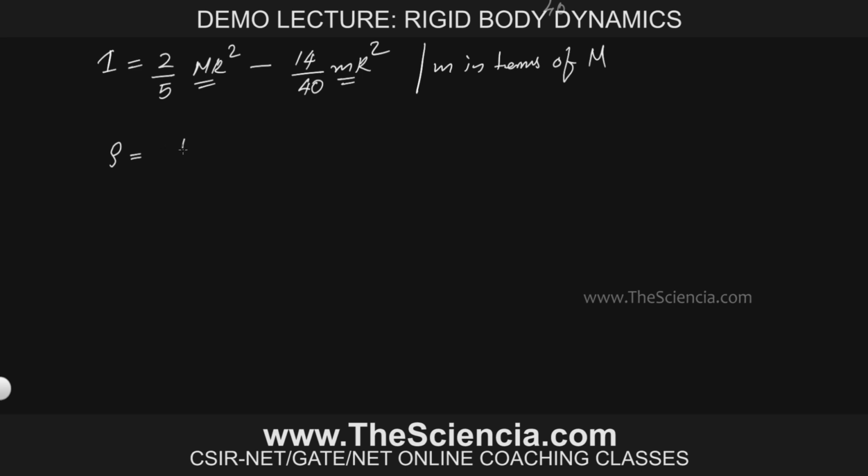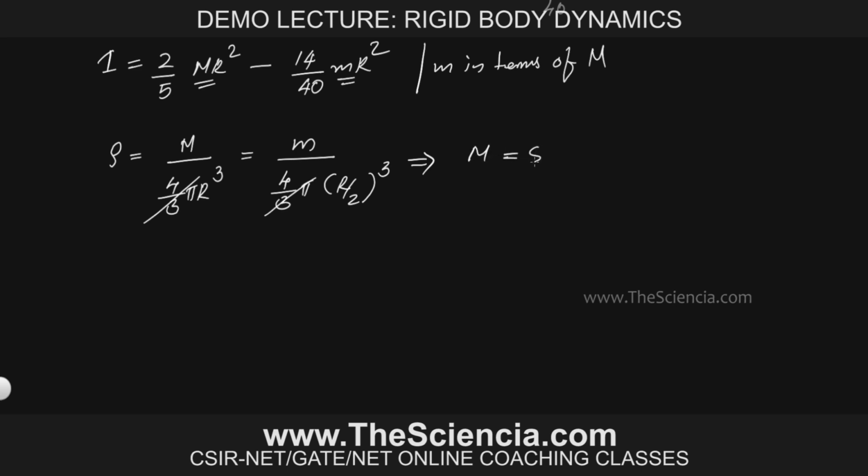So this is equal to M by 4 by 3 pi R cube for the bigger sphere, and it will be equal to rho of the small sphere, that is small m by 4 by 3 pi, r of the small sphere is R by 2 whole cube. So we can cancel 4 by 3 pi and we get M equal to 8m. So we got small m equal to capital M by 8.